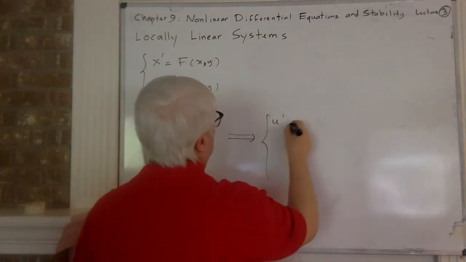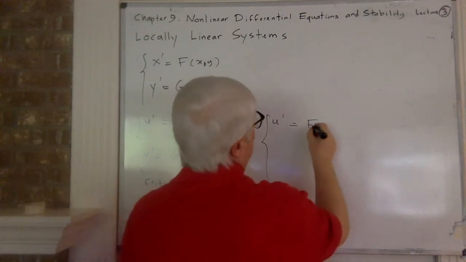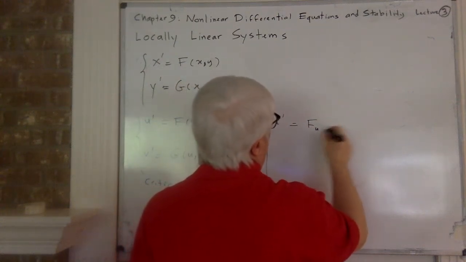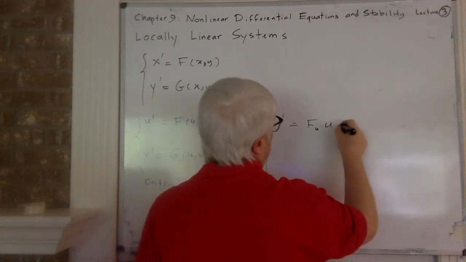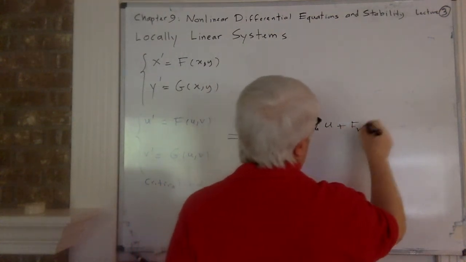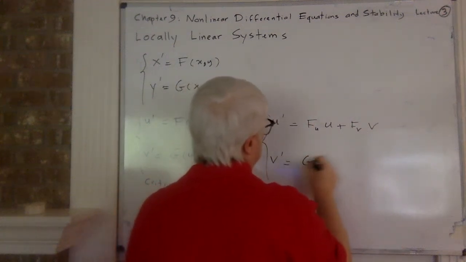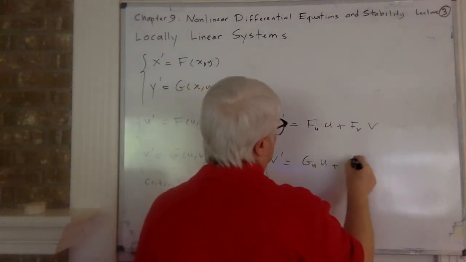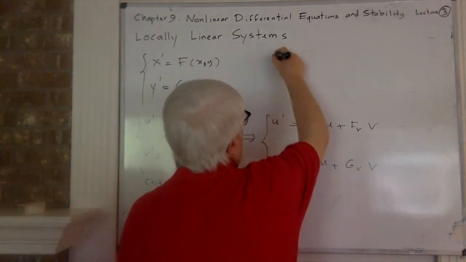U prime is f, well, it's fx, but let's write fu, fu u plus fv v, and the v prime will be gu u plus gv v. Okay, so I can write it in this form.